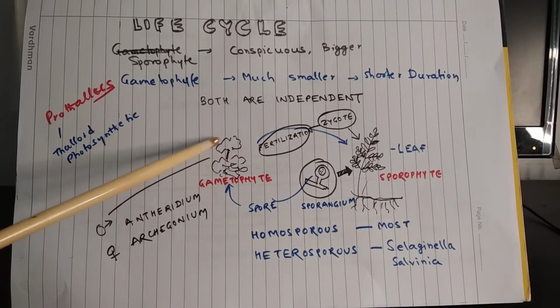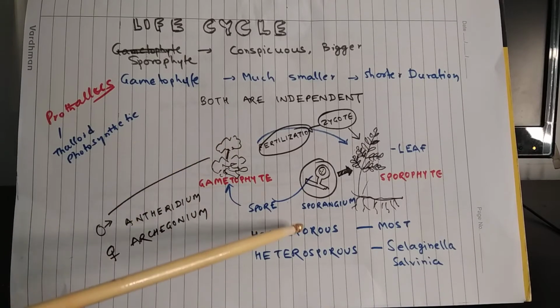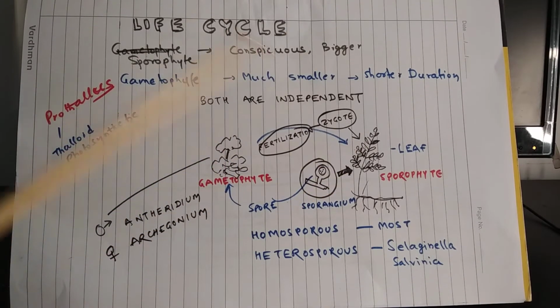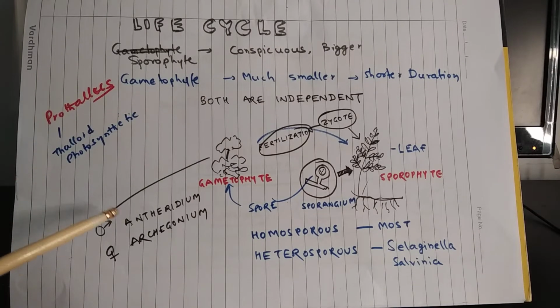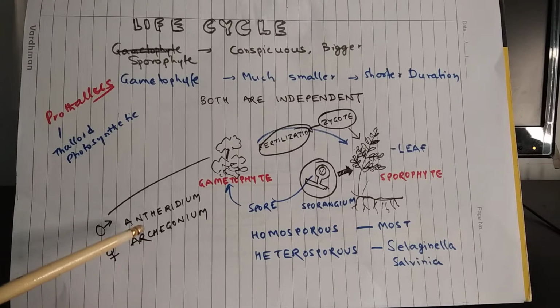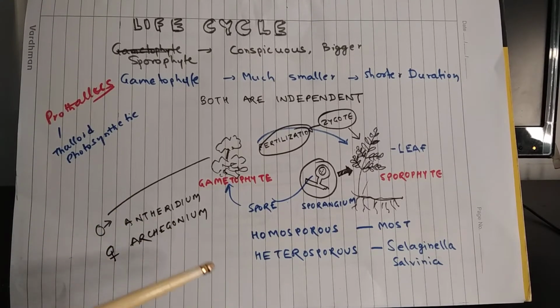As you can see, the Gametophyte has a simple body and bears male and female sex organs. The male sex organ is called antheridium and the female sex organ is called archegonium. The antheridium produces male gametes or sperms and archegonium produces female gametes. The sperms need water to swim up to the female gamete.